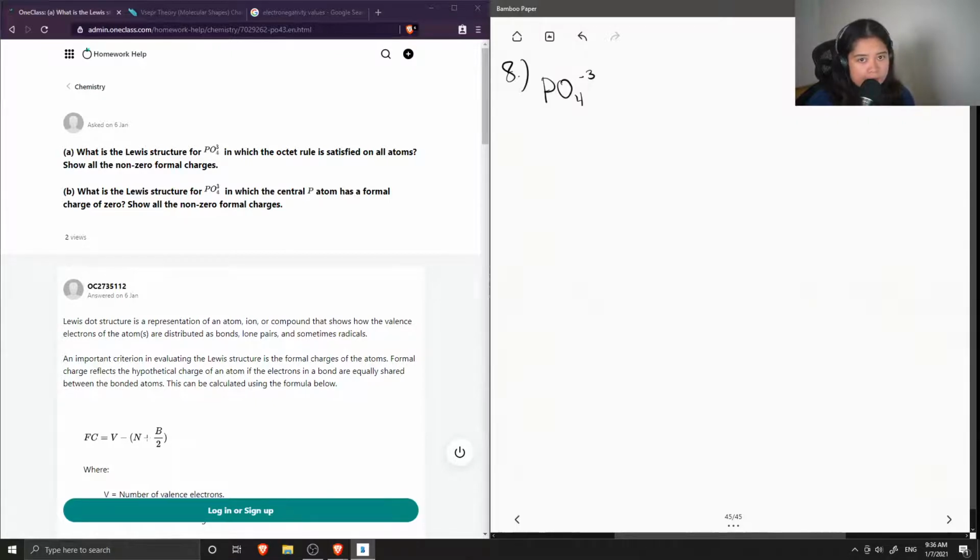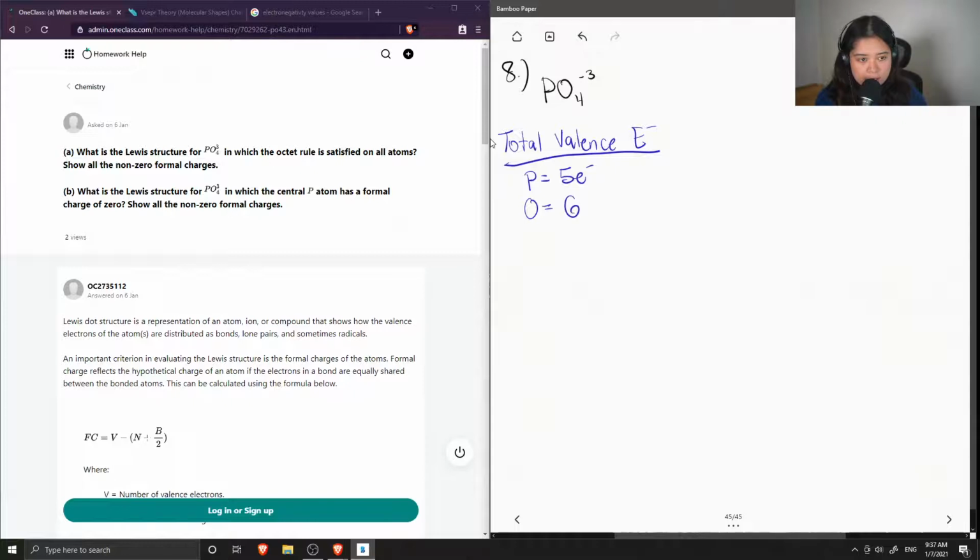Okay, so first let's calculate the total number of valence electrons. So a phosphorus atom has 5 valence electrons.